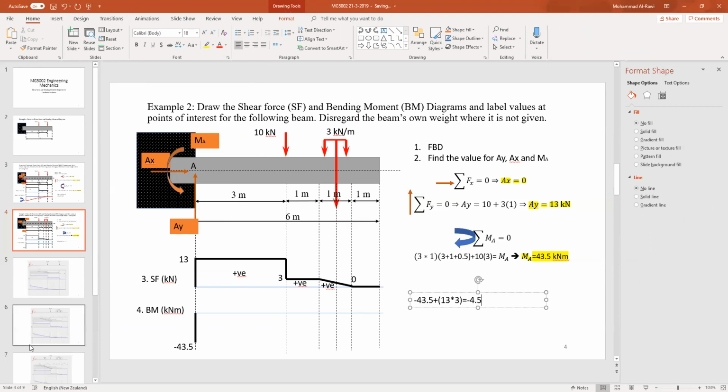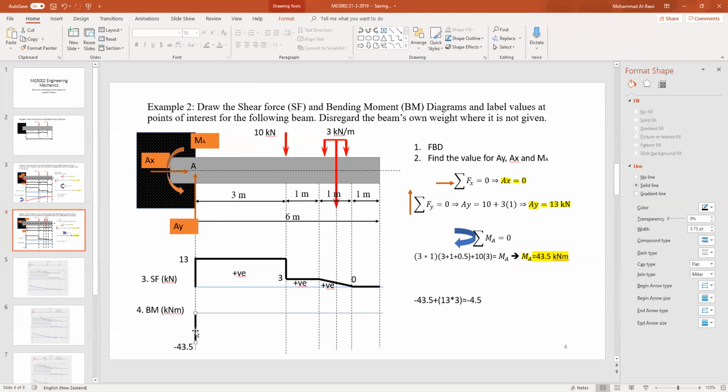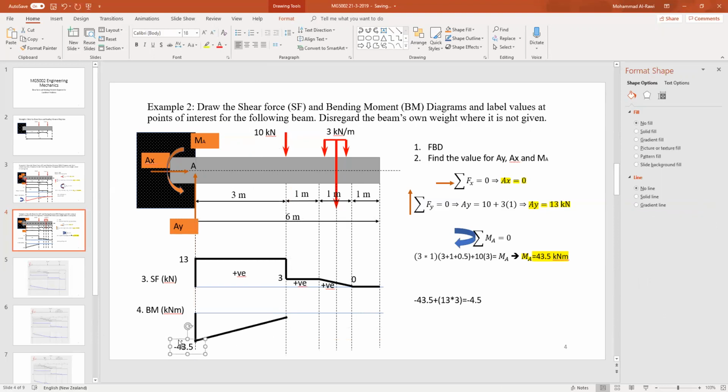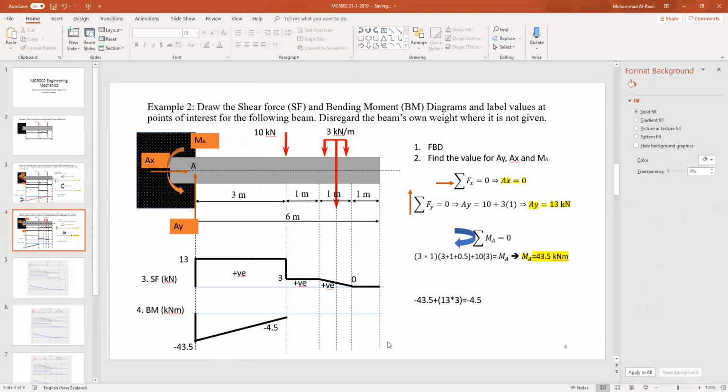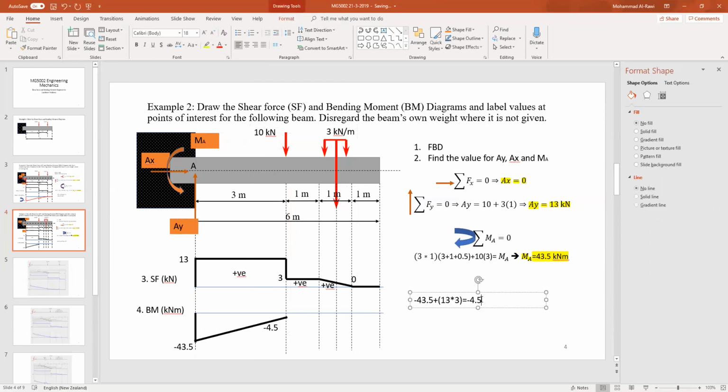This will give you minus 4.5. Then from this point, I will go to something very tiny till this point, and it will be minus 4.5. Now from this point, I come back here and say minus 4.5 plus, because it's a positive area, 3 times 1.